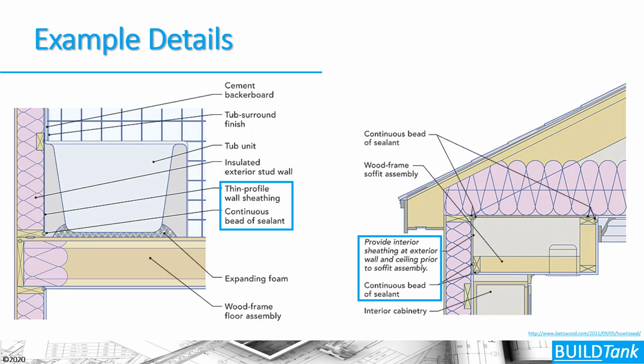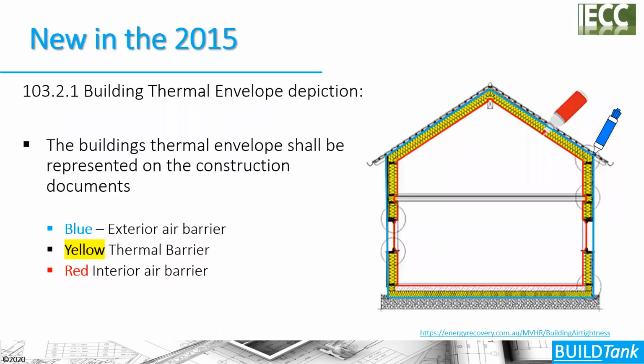These types of details need to be included in our construction drawings, and also a section that was added in the 2015 IECC says the building thermal envelope shall be represented on the construction documents. This is just an example of how it's done.